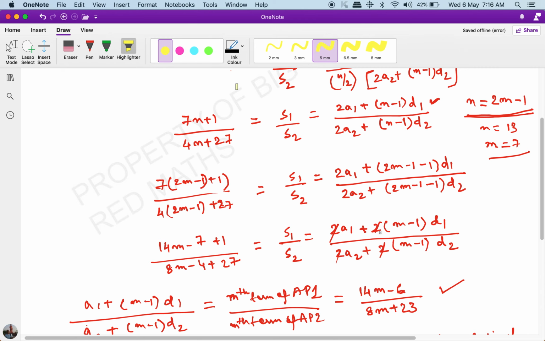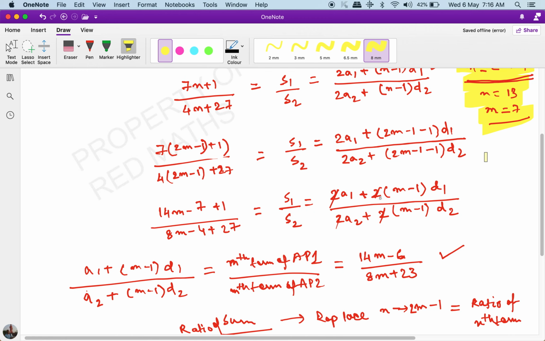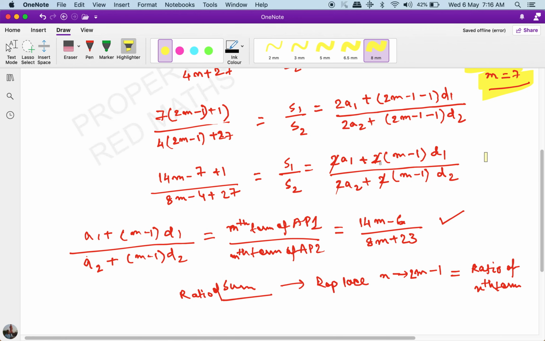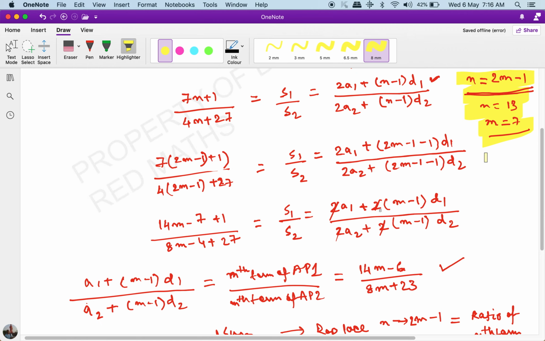What we did here, n equal to 2m minus 1, was the trick that led you from the ratio of the sums to the ratio of the mth terms.